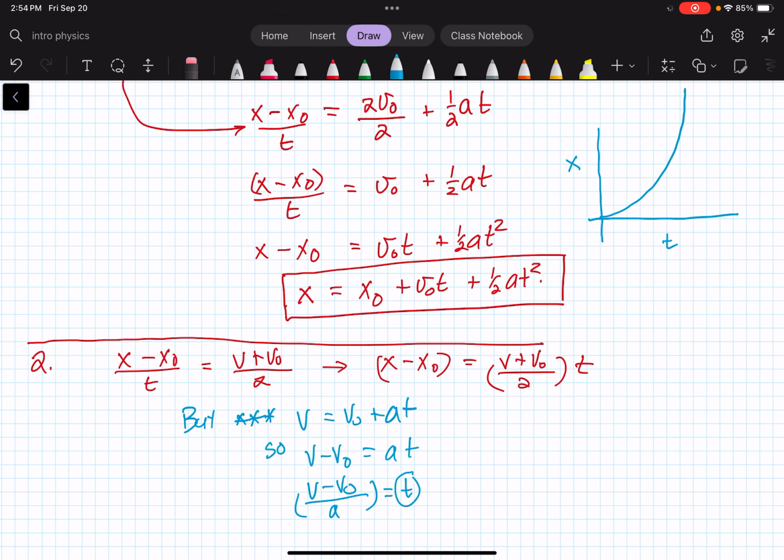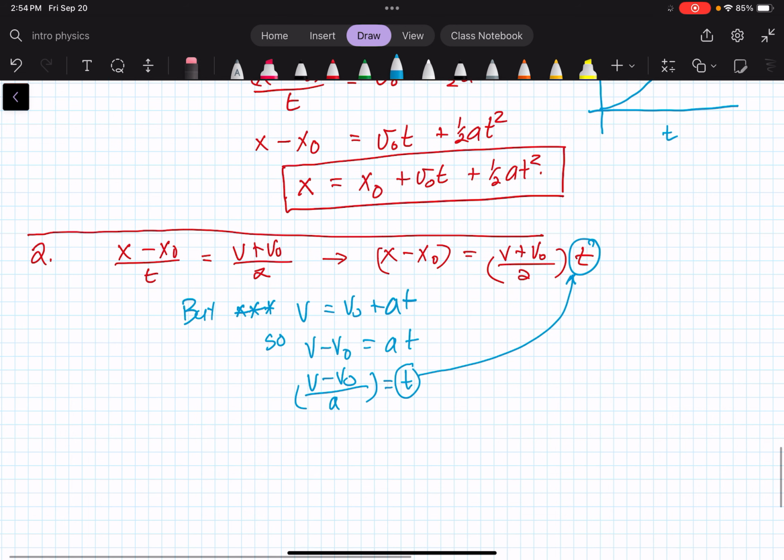And now we can take that expression and plug it in to our expression up there. So now we have x minus x naught is equal to (v plus v naught) over 2 times (v minus v naught) over a.